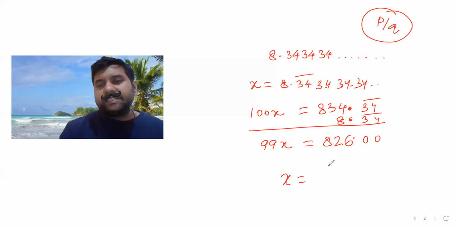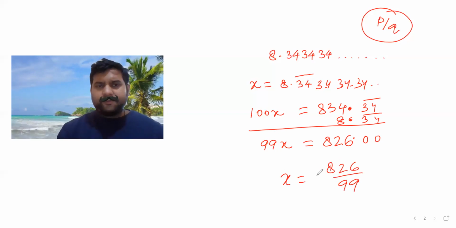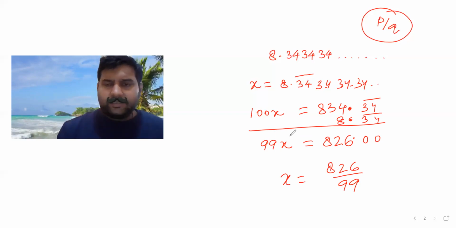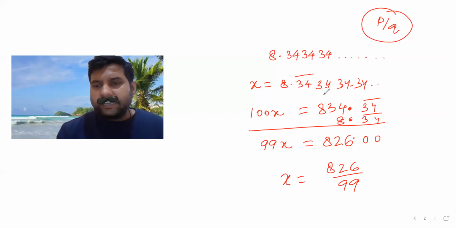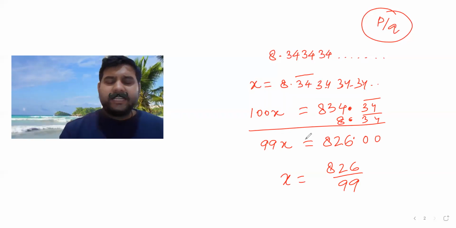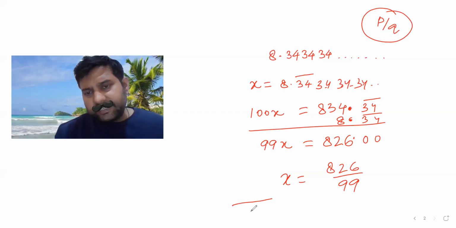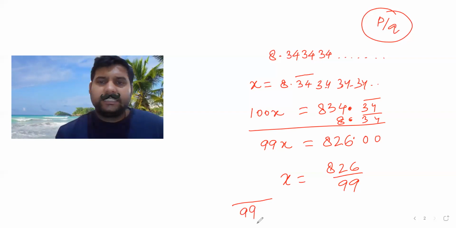So the decimal basically becomes 826 by 99. It's very simple. So the trick is this, and listen to this. The trick is this: for any decimal, whatever is the number of recurring decimal digits, in the denominator you write those many nines.